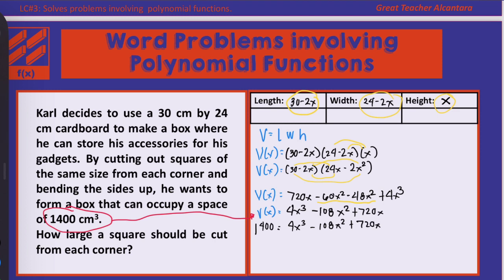So what you have to do now is simply transpose 1,400. From our function, we're now going to have an equation, which is 4x cubed minus 108x squared plus 720x minus 1,400 equal to 0. And once again, to explain this to you guys, what we did with 1,400 is that we transposed it to the other side. As you can notice, it's a long process.